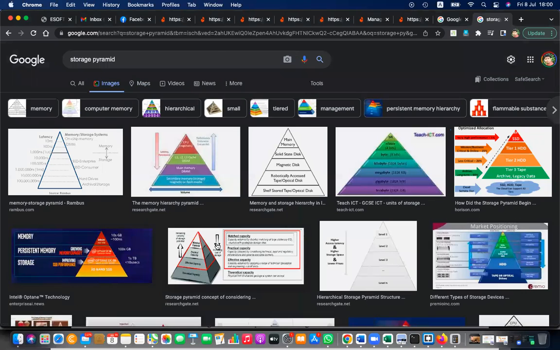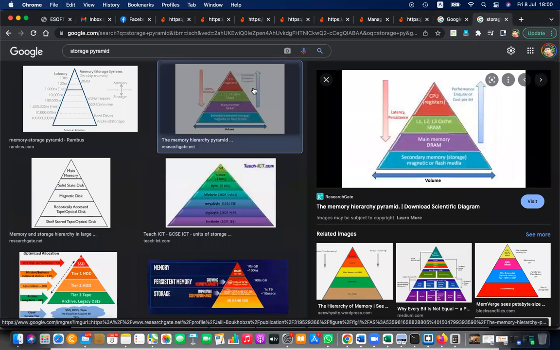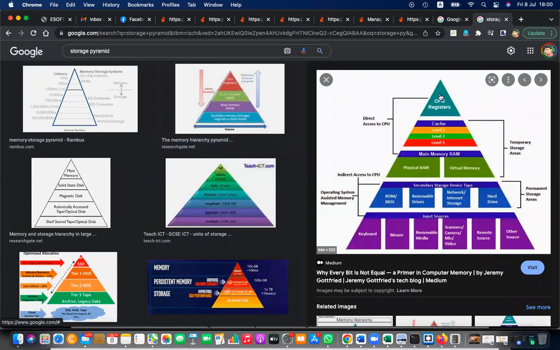You can see in this storage pyramid, registers and high speed memories are at the top level.